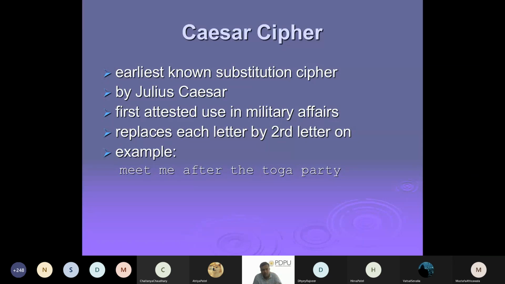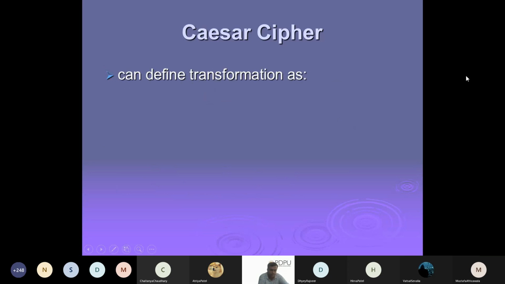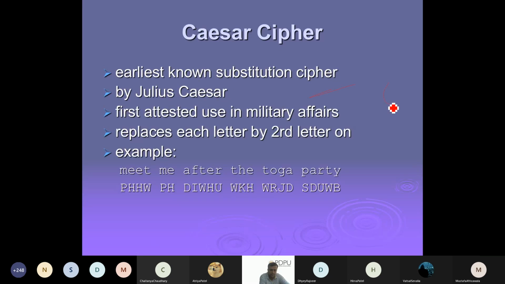Now every letter will be replaced by the next two subsequent letters. Okay. So after M, N, O, P, say this is our ABCD. After M, the second letter is 1, 2, and then the P will become.